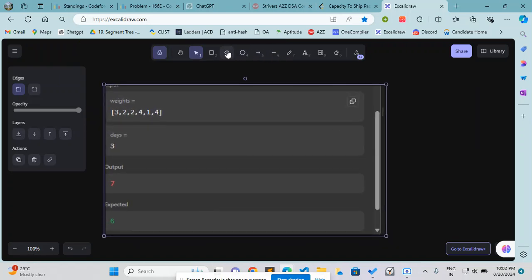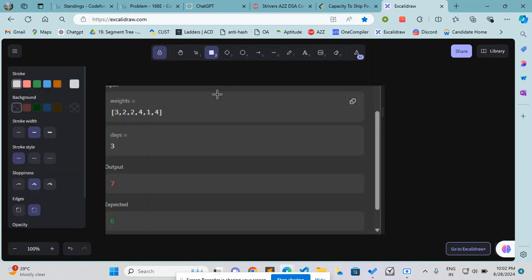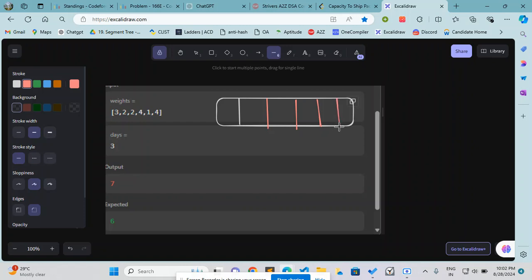Let's sort the array, and this will be our final array, looking like this: 1 2 3 4 5 6 7 8.